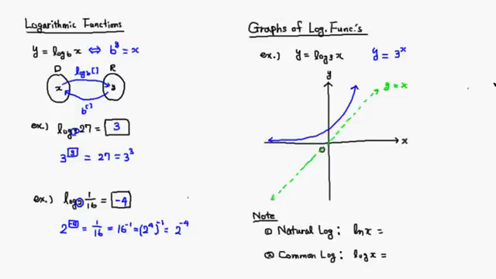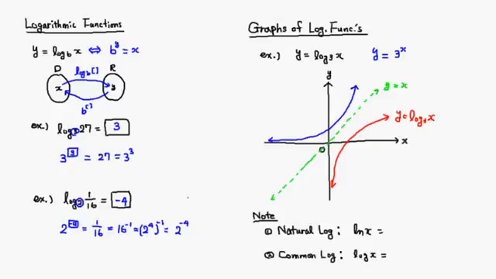I think it's going to look somewhat like this. Let's see, I'm going to redo that. So go here and go somewhat like that. This is the graph of y equals log to the base 3 of x.